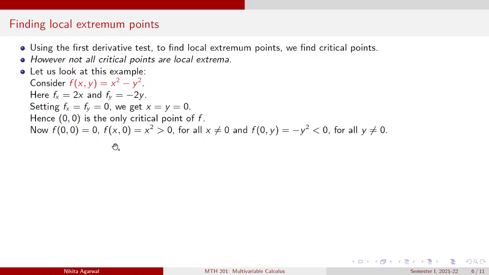Now, if you set y equal to 0, that means if you are on the x-axis, then the function value is x squared, which is always positive when x is non-zero, right? So at (0,0) the value is 0. On the x-axis the value is positive, and on the y-axis, meaning when x is 0, the value is negative, right?